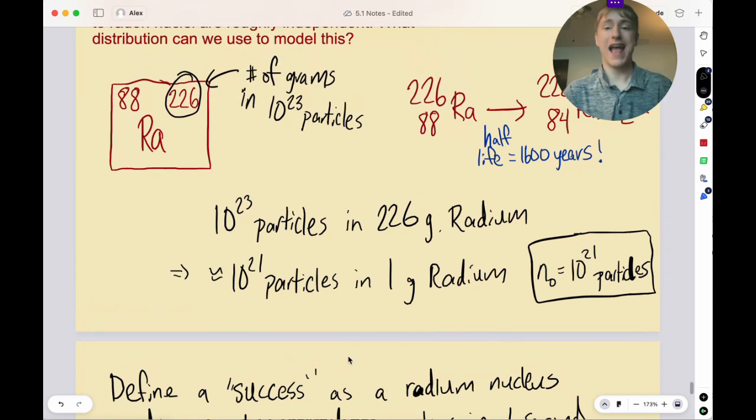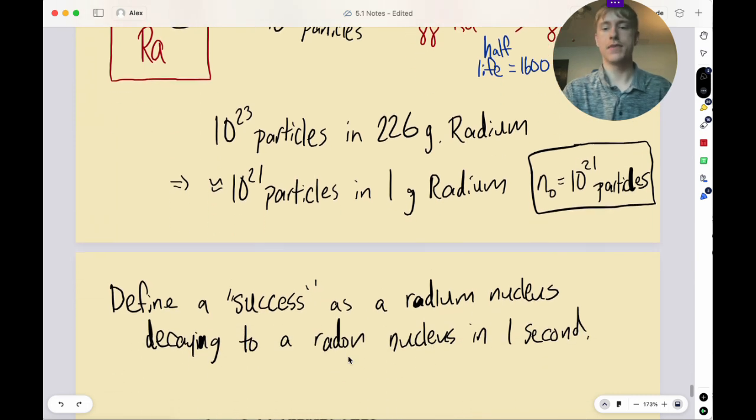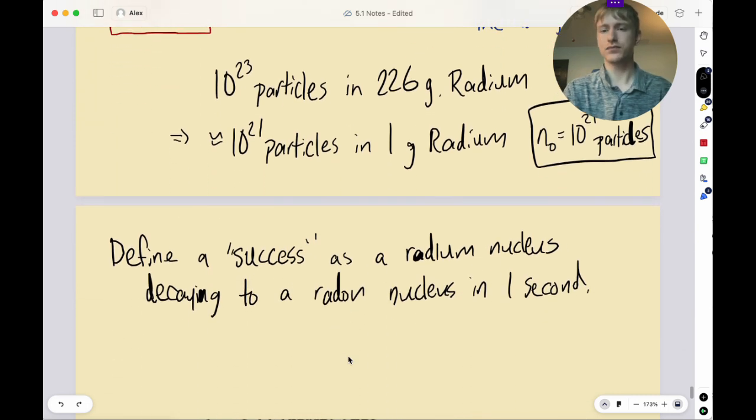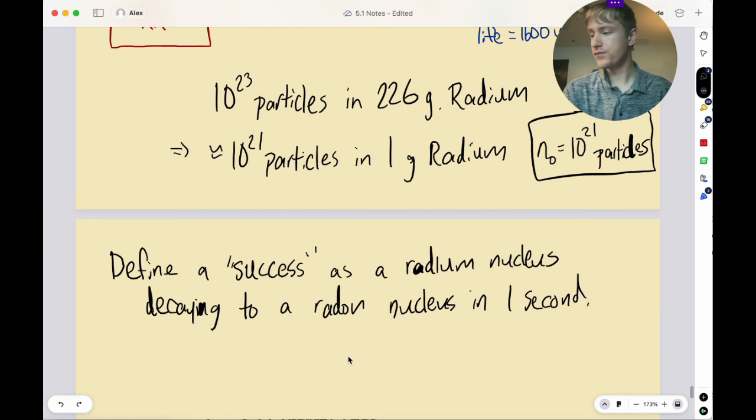Well, we know that half of them are going to decay in 1,600 years, so we should be able to pinpoint what that is. We probably need to figure out, on average, how many radium nuclei decay in a single second.